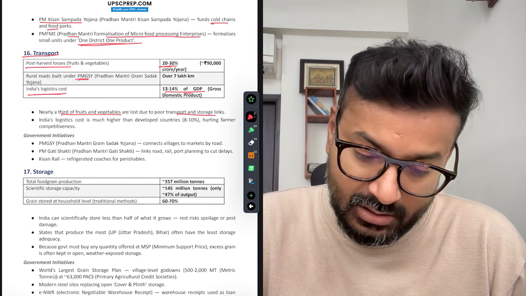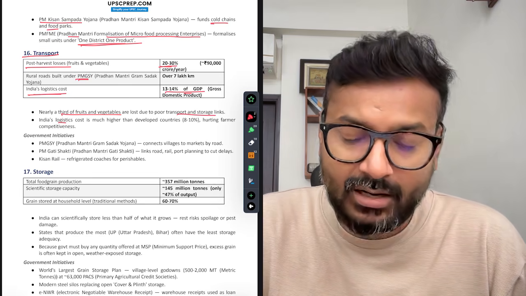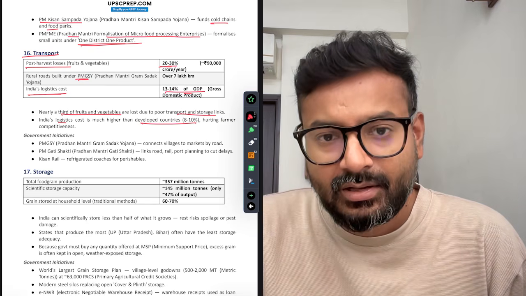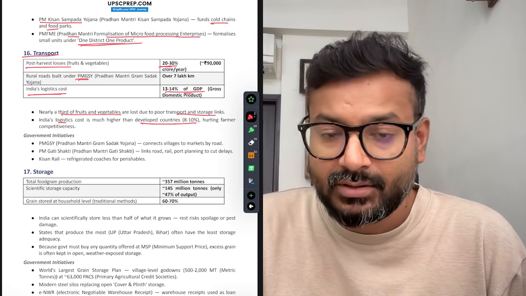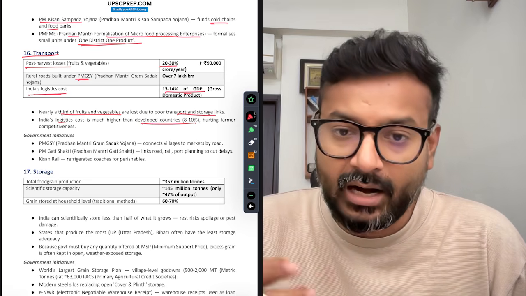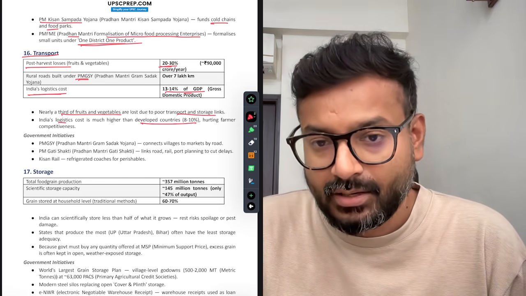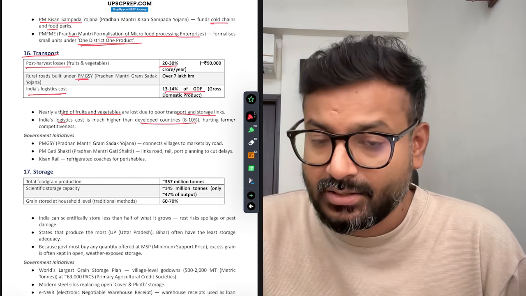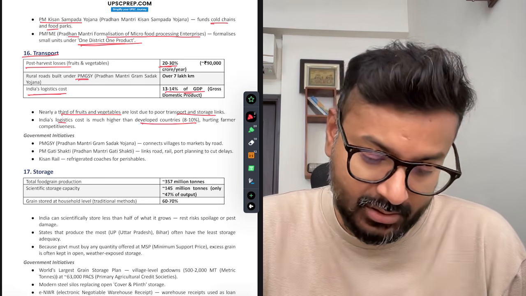The logistic cost has to be decreased. In developed countries, it is only around 8 to 10%, and therefore the profitability of the farmers increases, the food processors' increases, and even the final consumers will get the product at a reduced price. So we have to really work on transport and storage, which makes up the logistics.